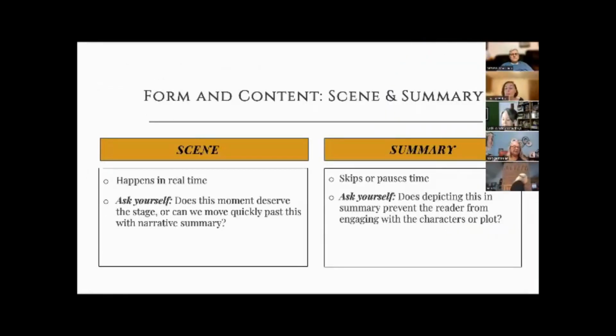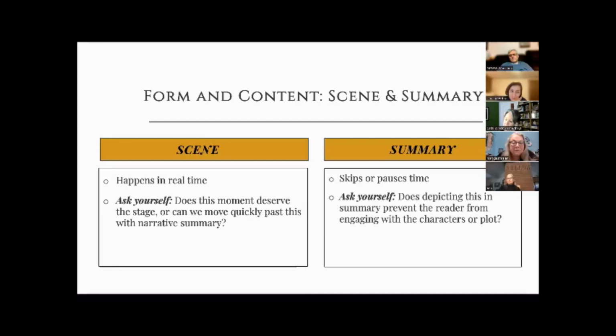When you're looking at your manuscript as a developmental editor, form and content is one of the things that you need to consider. And by form and content, what I mean is, what is the story I'm telling, and am I telling it in the way best suited to its needs? So there's different ways that you can choose to tell your story. And you could probably drive yourself a little bit up the wall trying to overthink this too much.